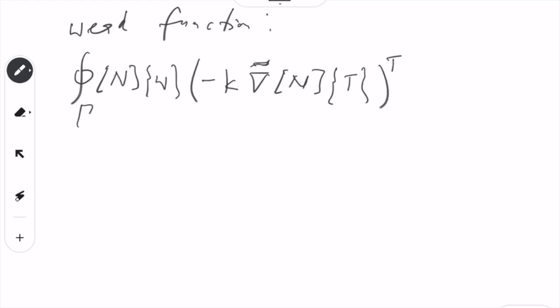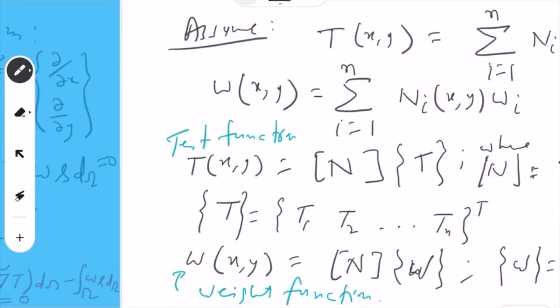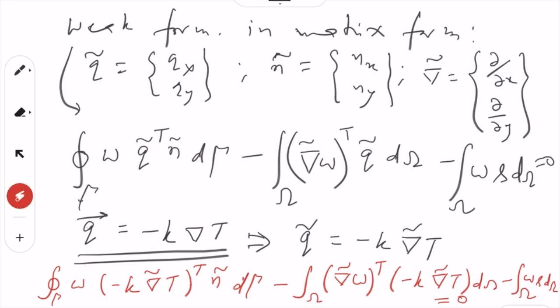One thing more here: since this will have the boundary conditions, we don't have to add n values here. As we have seen, either W will be equal to 0 or q will be prescribed, so we can directly put the values here.